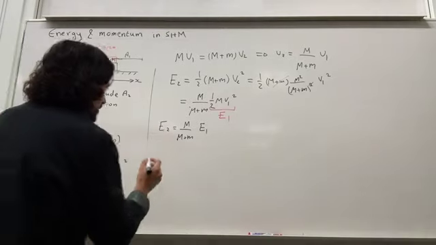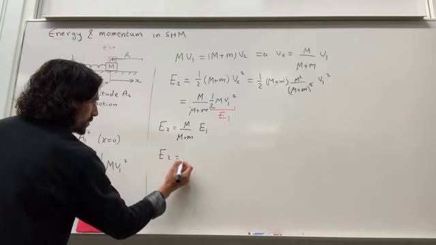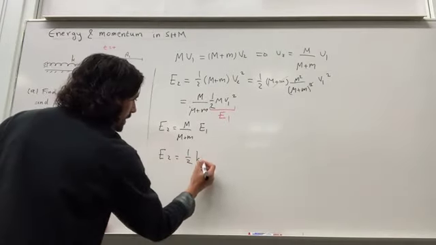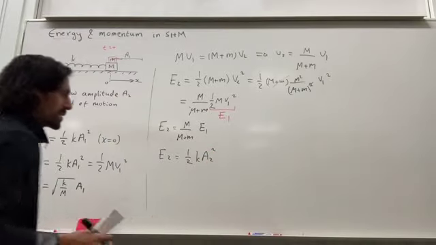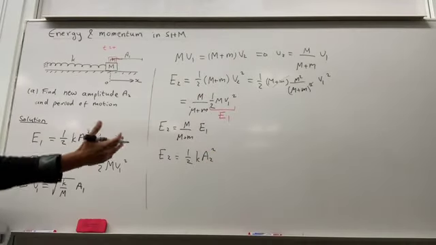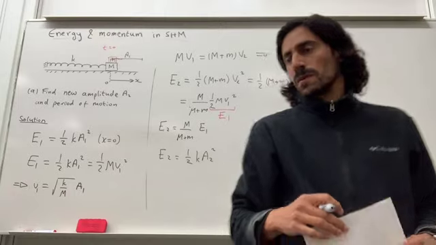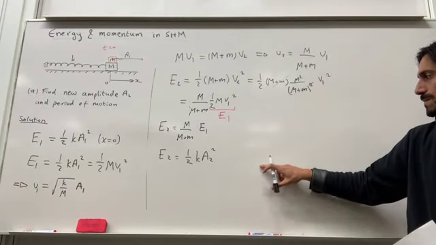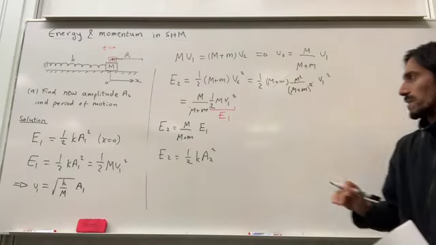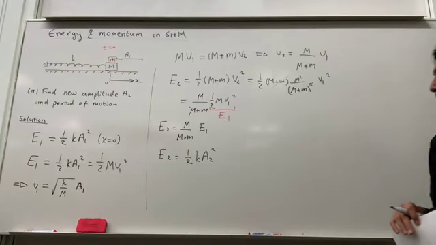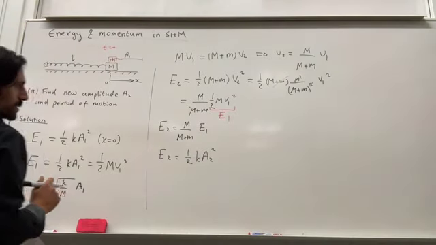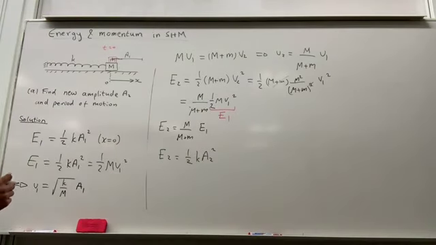Now, on the other hand, we know that E2 is also half k A2 squared. This is the point where it reaches the maximum amplitude. There would be only potential energy. So now this has to be equal to what we have there.